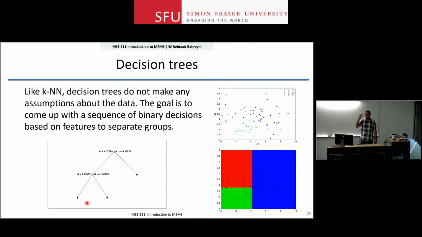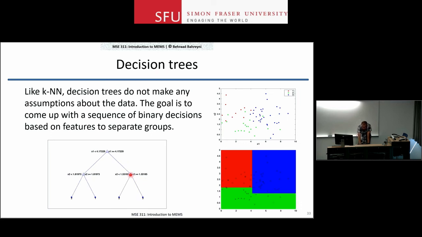It's intuitive. I can go and do the same thing myself. I can keep going, right? Let's say this classification is not good enough for me. I see there's a whole bunch of data points from class 2 in here, so maybe the next split is going to be this.